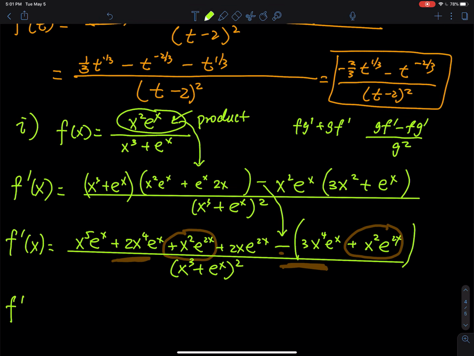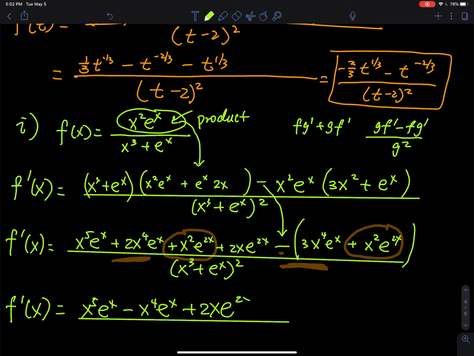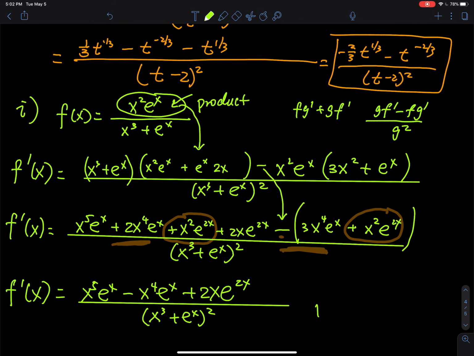F prime of x equals x to the fifth e to the x, 2 minus 3 is negative 1, and then plus 2x e to the 2x, all over x to the third plus e to the x, squared. So that is your final answer.